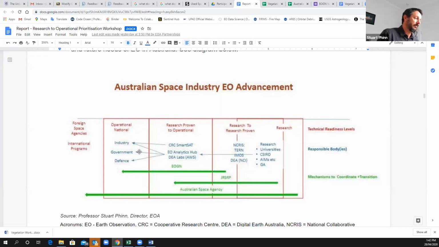Ideally, what we want to talk about in the next session this afternoon is the key products, services, algorithms that have been proven to work over the majority of the country, that are run research-wise or at a state and territory level, and could be moved operationally at a national level, where they are provided continually as a service.